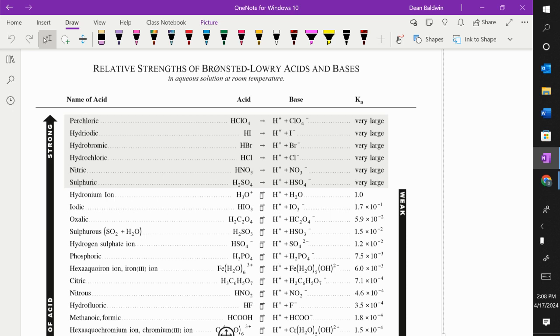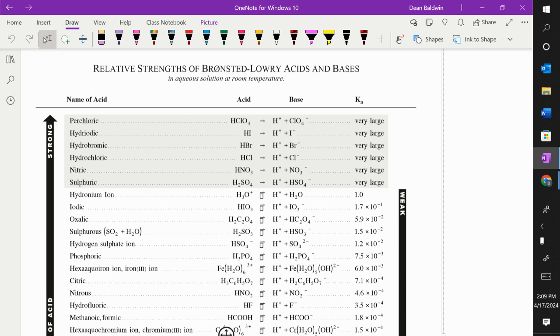So if I put 5 molar of hydroiodic acid in there, I get 5 molar of protons. Okay, that makes sense? And notice they're all arrows. And these ones, does yours have the square box thing, or does it have an actual equilibrium? It has an equilibrium? I don't know why mine has a square box thing, but that's supposed to be an equilibrium. So these are all equilibriums from then on.